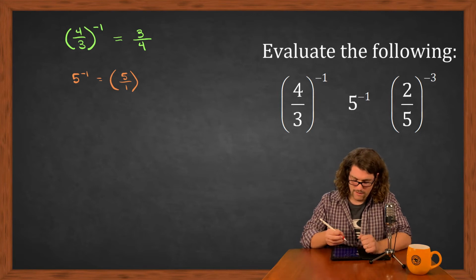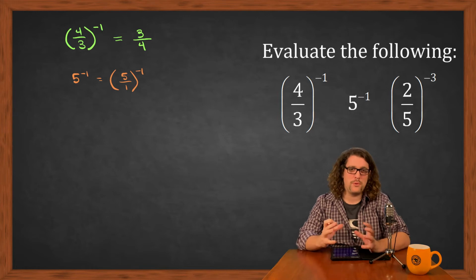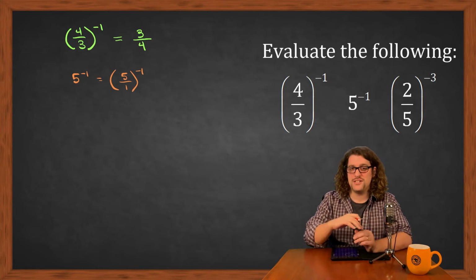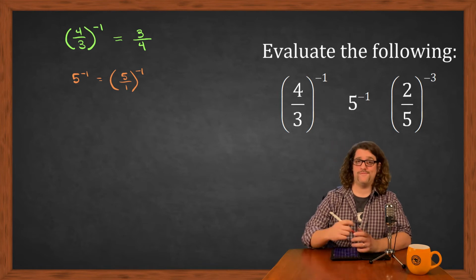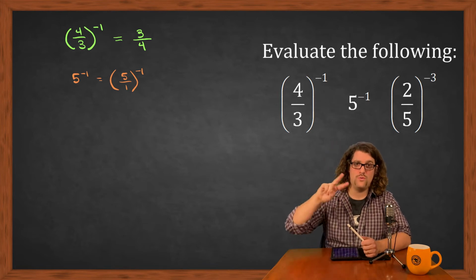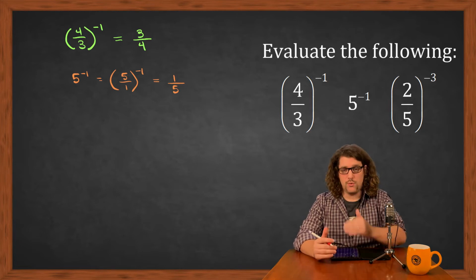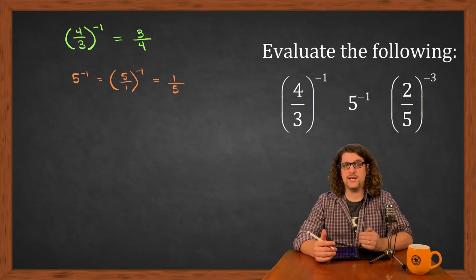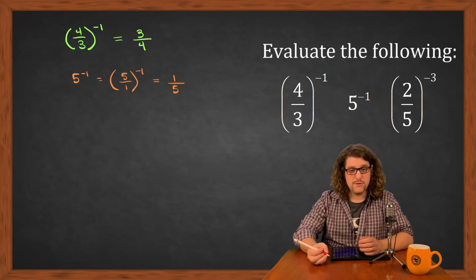So I'm going to write my 5 as 5 over 1 instead. I'm going to put a bracket around it just to make it nice and clean, still all to the power of -1. So in this form, 5 over 1, we're going to do that reciprocal, that fraction flip, and so it becomes 1 over 5. So 1 over 5 is the same thing as 5 to the power of -1. Great, so we're just cruising here.